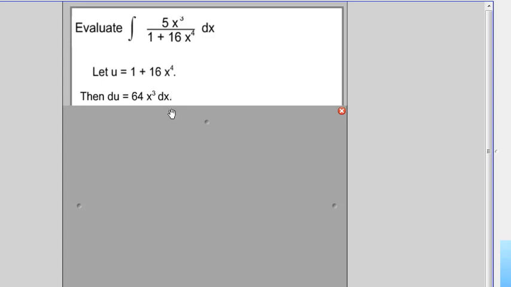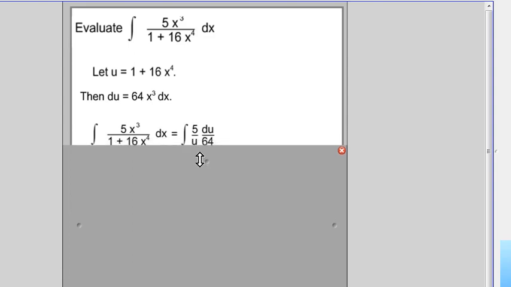Now here I have 5x cubed, it's not that awful. So the x cubed dx is du divided by 64, and this will become 1 over u, and this 5 remains, so 5 over u.